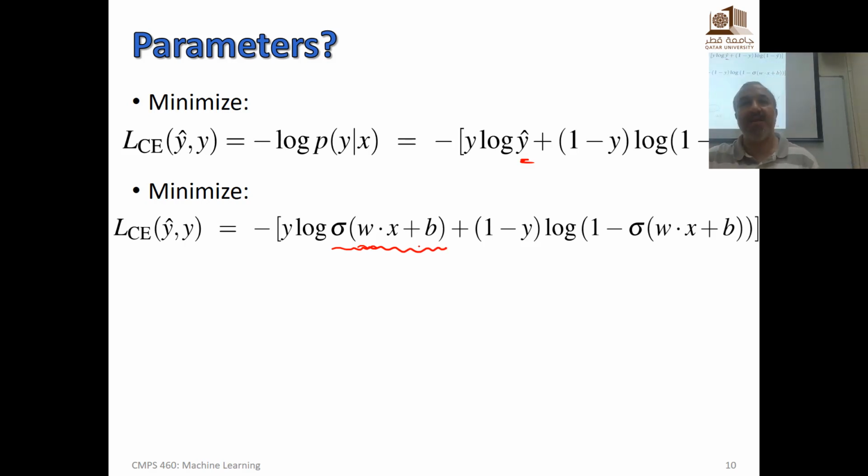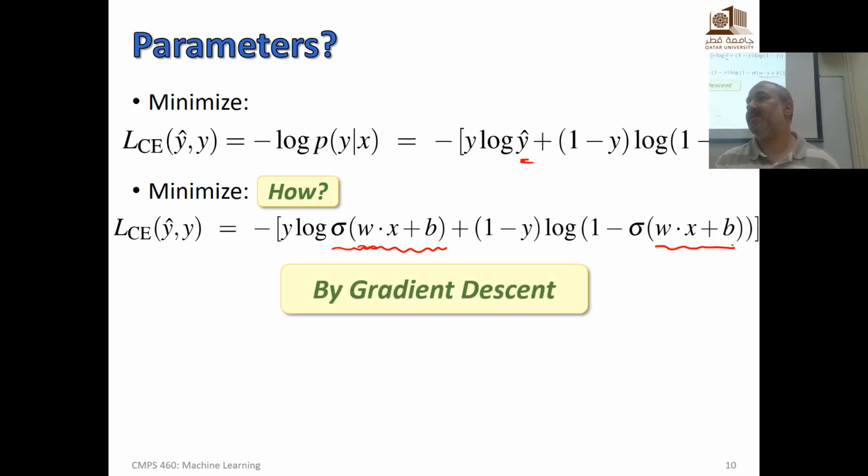Y hat is applying the sigmoid function on the weighted sum. So we just substitute here. Now it is a function of w and b, and how can we minimize it? As we just said, by gradient descent. So we can find the values of the weights and the bias by gradient descent. Now, to apply gradient descent, what is the condition?